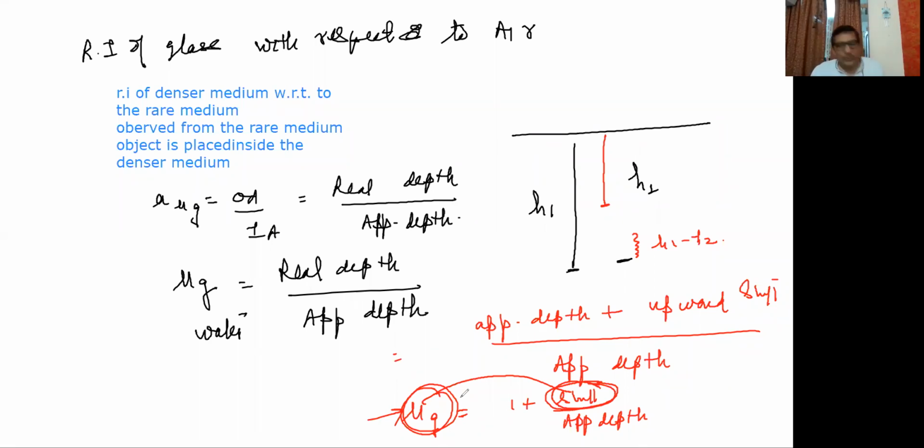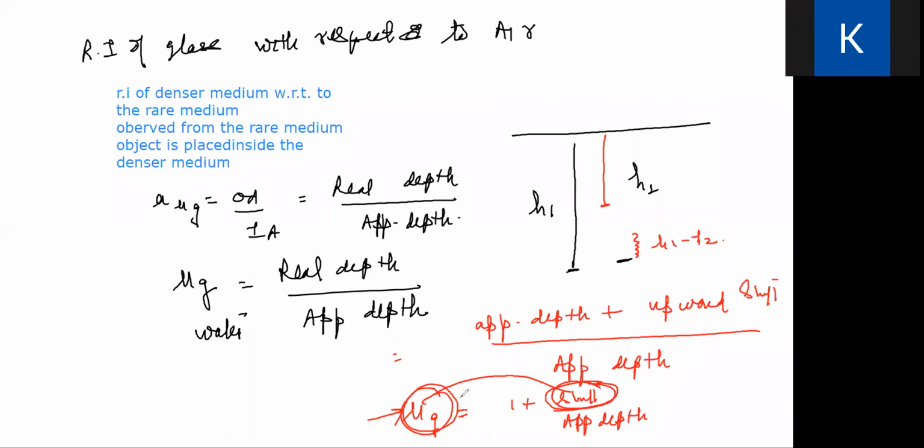I told you a few factors which affect the shift, the value of shift. You remember? Yes, sir. What are the various factors on which the shift depends?